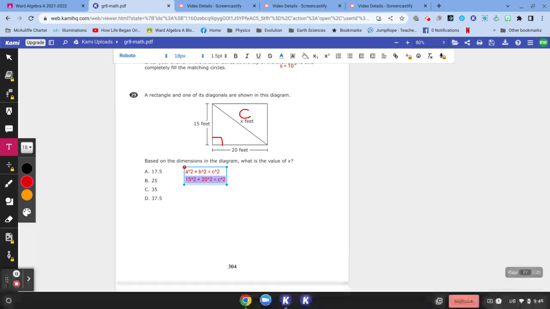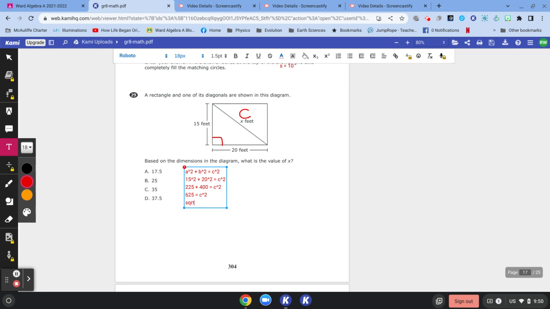Okay, and now we simplify further. 15 squared is 225, and 20 squared is 400. So we are going to get 625 equals c squared. And 625 happens to be 25 squared. So we take the square root of both sides.